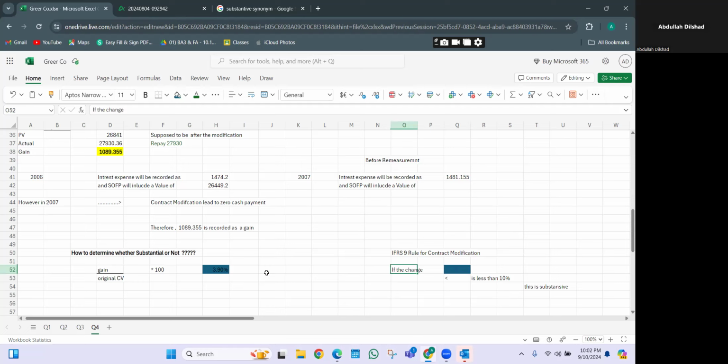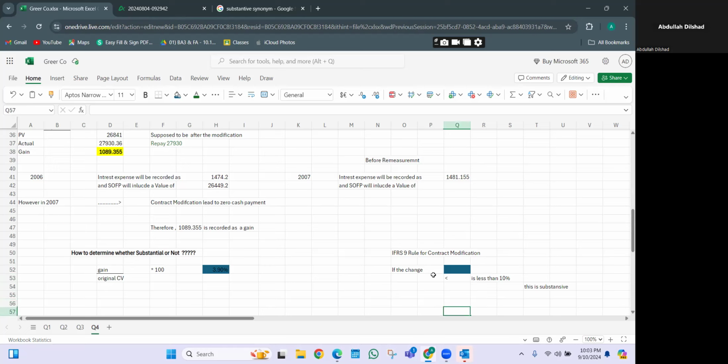So always, if because of the contract modification there is a gain or loss, and that gain or loss makes an impact, and if that change is less than 10%, that is considered as substantive.